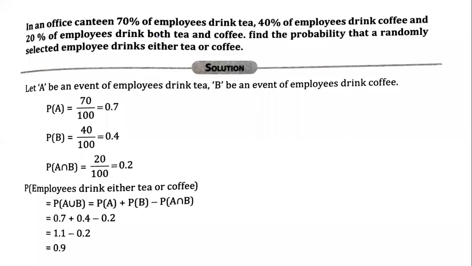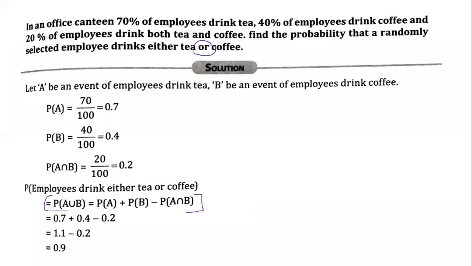So what you have to understand here in the final question is it says tea or coffee. In such questions where or is involved, always remember to use the formula.